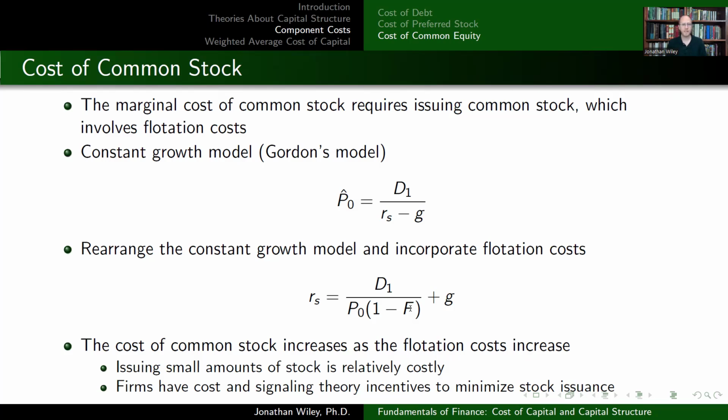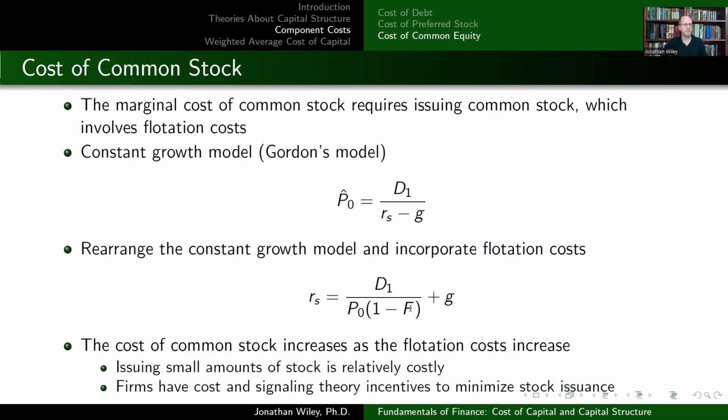But if it's a company on the edge of going bankrupt, that's not a favorable circumstance. So that can send a signal. If I have a big established company that is selling stock, that can send a negative signal potentially. So firms tend to be a little more cautious about selling lots of shares of stock.